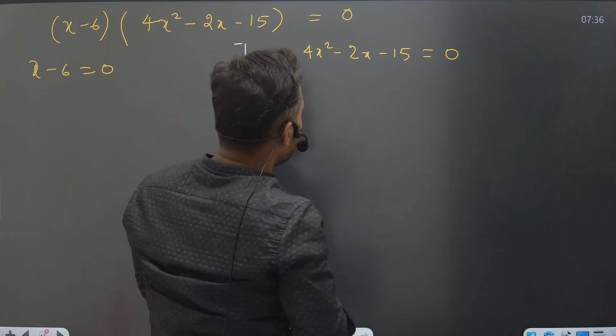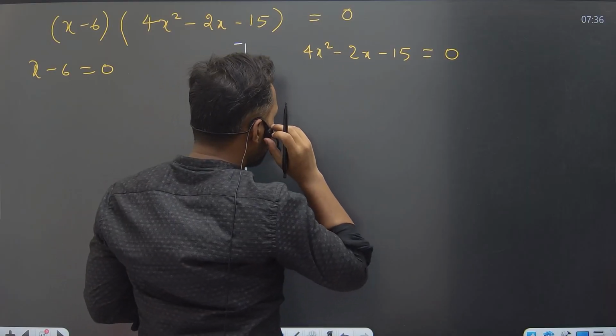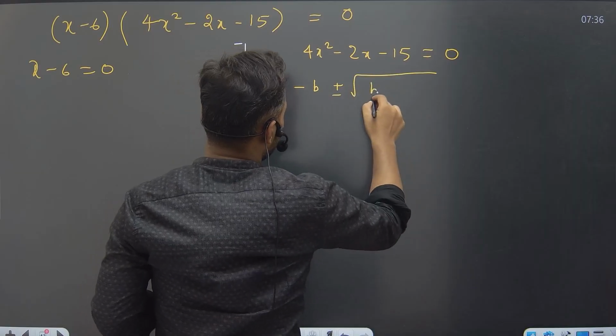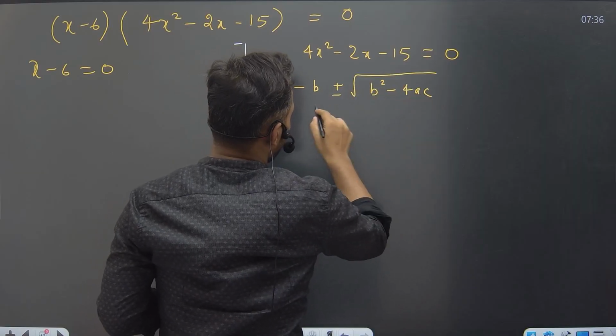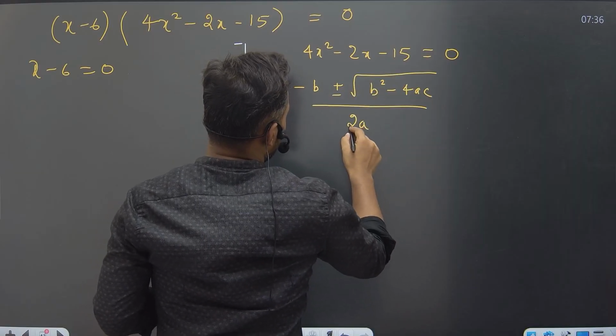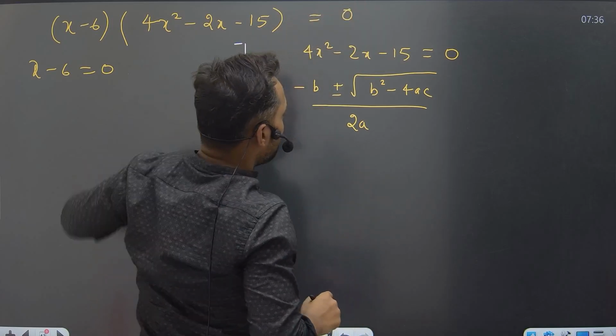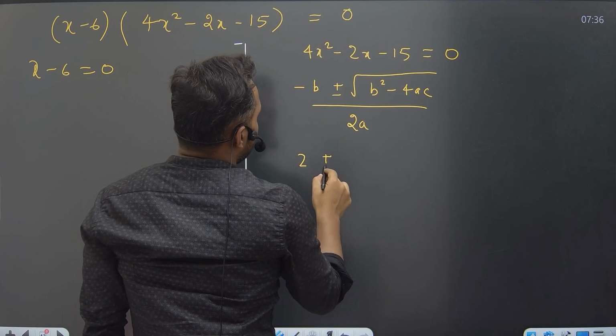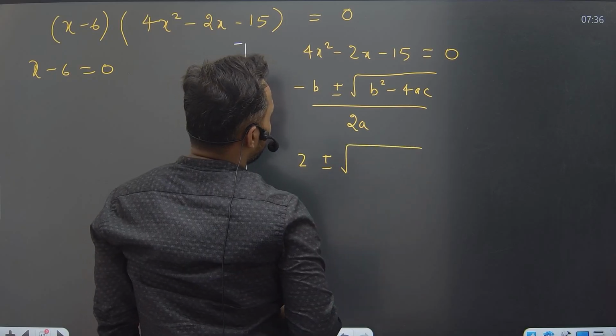Now by applying the quadratic equation formula, that is minus b plus or minus root of b square minus 4ac upon 2a, we will get the value of x in this particular equation. So negative b will be 2, plus or minus under root of b square minus 4ac.